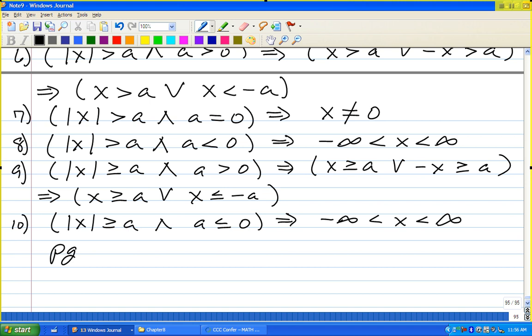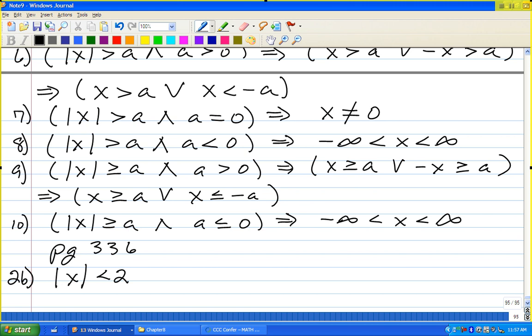Yeah, page 336. Let's do problem number 26. Absolute value of x less than 2. In exercises 25 through 66, solve and graph the inequality. So let's solve it and graph it.